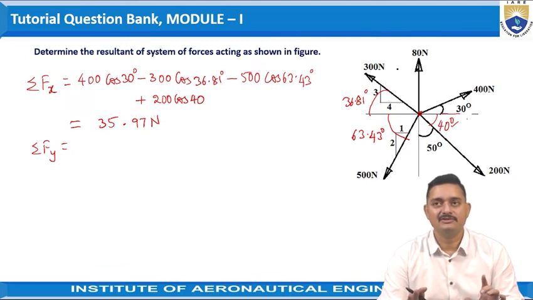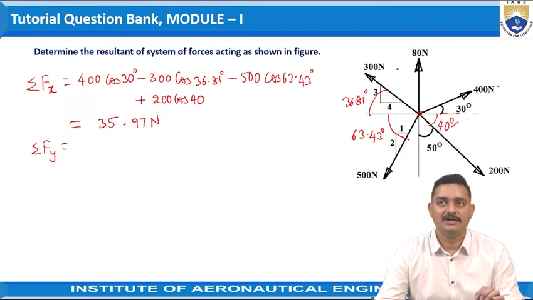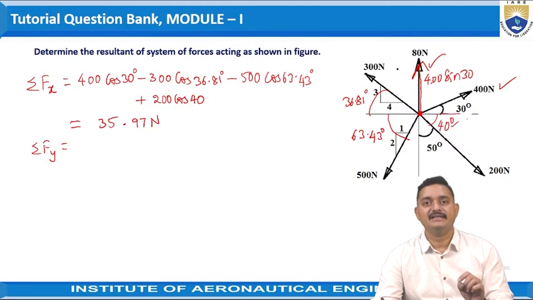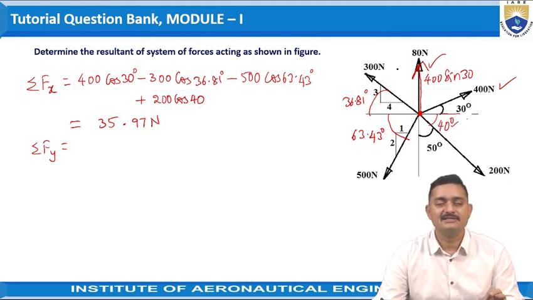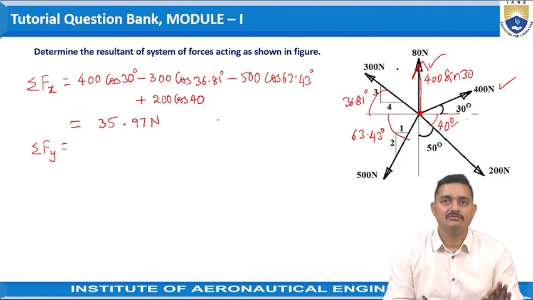So starting from this 400 Newton force, we can consider from this point, the vertical component of that 400 Newton force would be 400 sine 30. And this 400 sine 30 is acting in the positive y-axis direction. So we can consider it as a positive force. So we can write it as 400 sine 30.